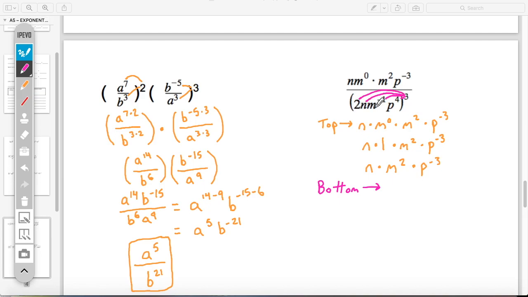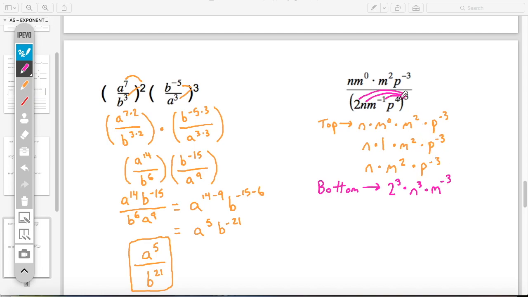Okay, so 1, 2, 3, 4. So I can write this as 2 cubed times n cubed times m to the negative 1 times 3, so negative 3, okay?